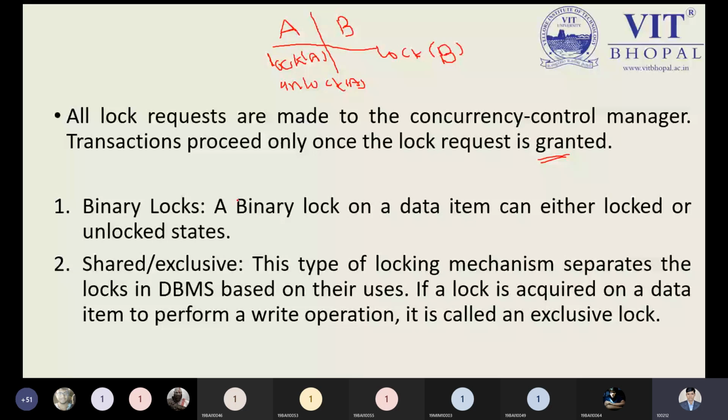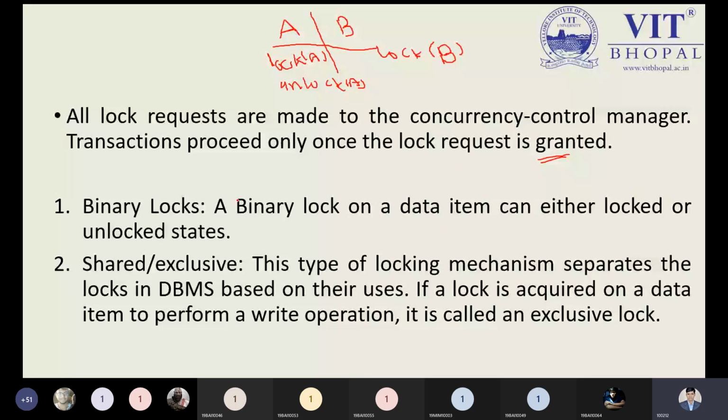When I unlock it, then you will be able to access it. So if you want to talk to your friend using my phone, first I will unlock it, then give it to you. After that you will be able to talk. This is my simple concept which we can apply to the concurrency control scheme.